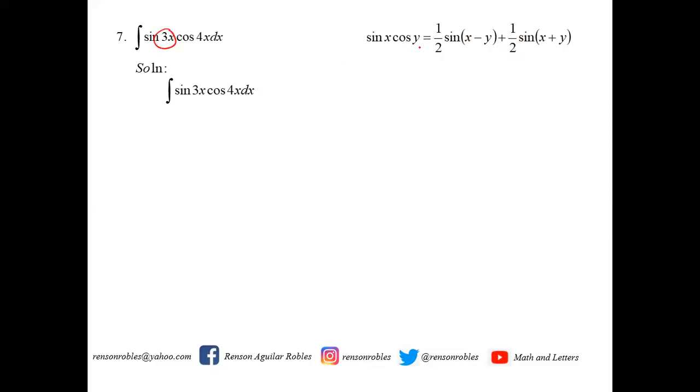So what we are going to do is simply rewrite this by applying the product to sum identity. You know that sine x cosine y is 1/2 sine of x minus y plus 1/2 sine of x plus y. And then x here is represented by 3x, and y is represented by 4x. So we shall have the integral of 1/2 sine of 3x minus 4x plus 1/2 sine of 3x plus 4x.